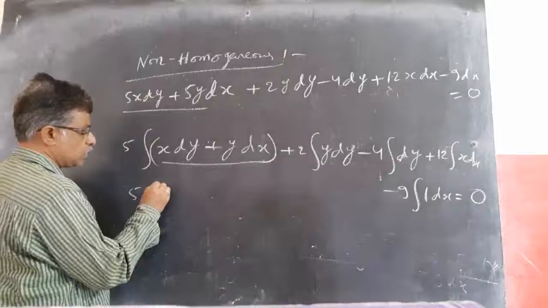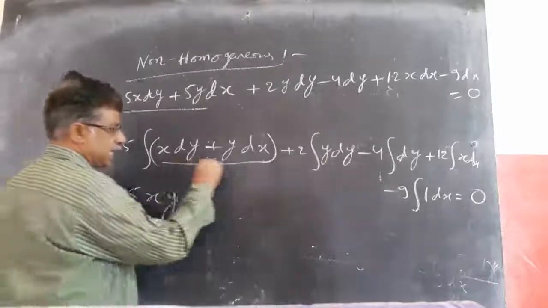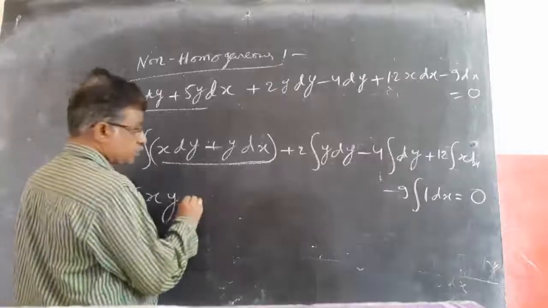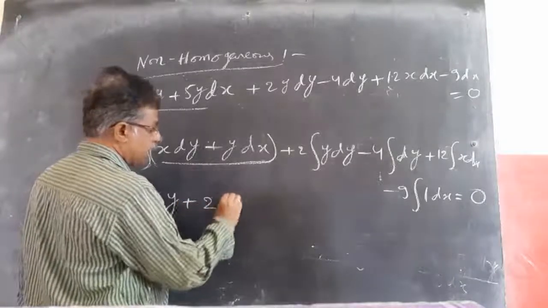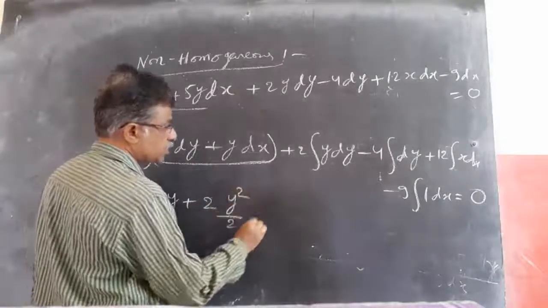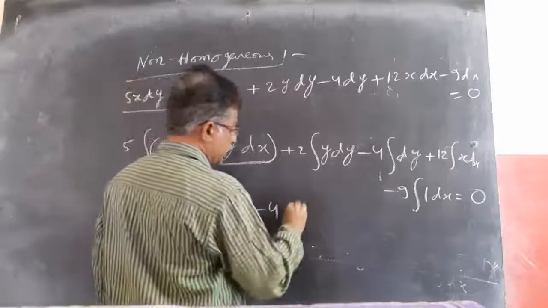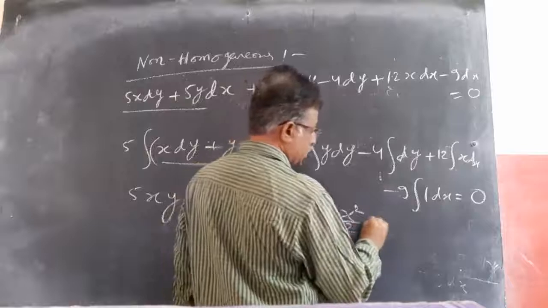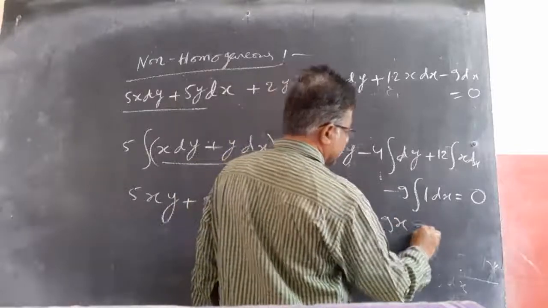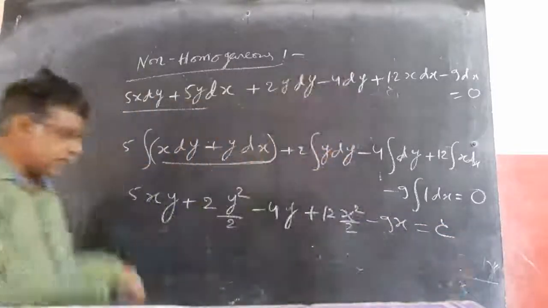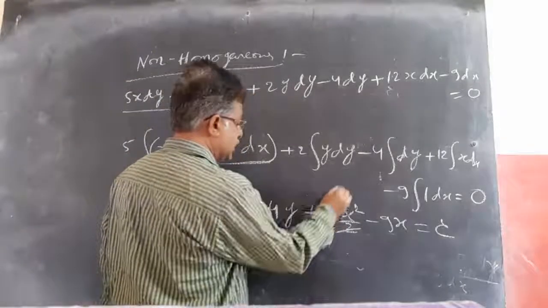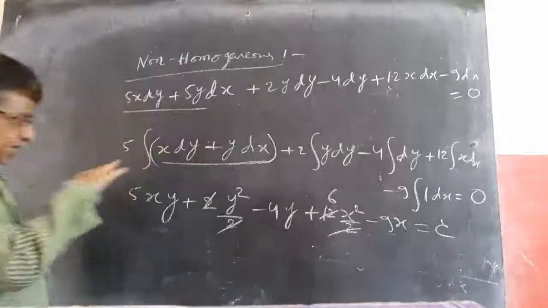So 5 into xy, plus 2 into y square by 2, minus 4 into y, plus 12 into x square by 2, minus 9x, plus c. I am writing c on that side, or you can write it on this side, that doesn't matter. Whatever gets cancelled you can cancel.